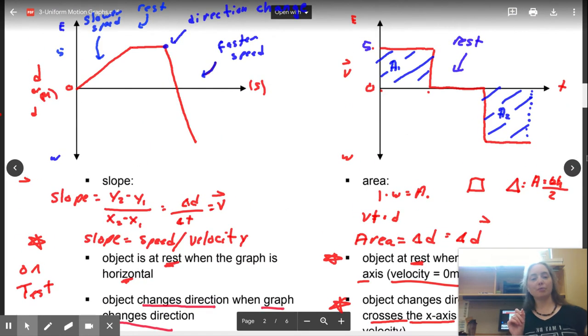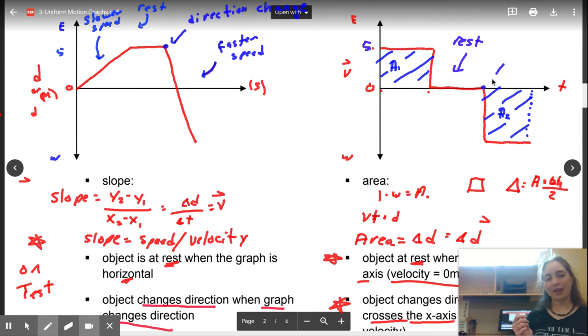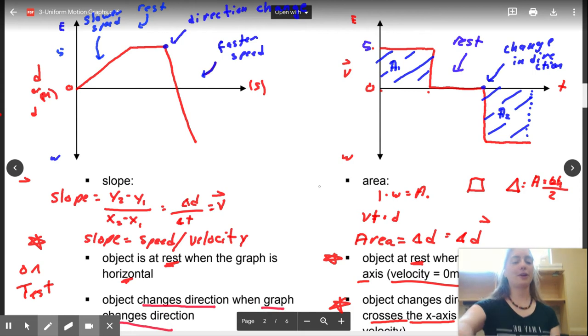So when we come up here, where do we cross the x-axis? Right here. That is where we cross the x-axis. That is your change in direction.